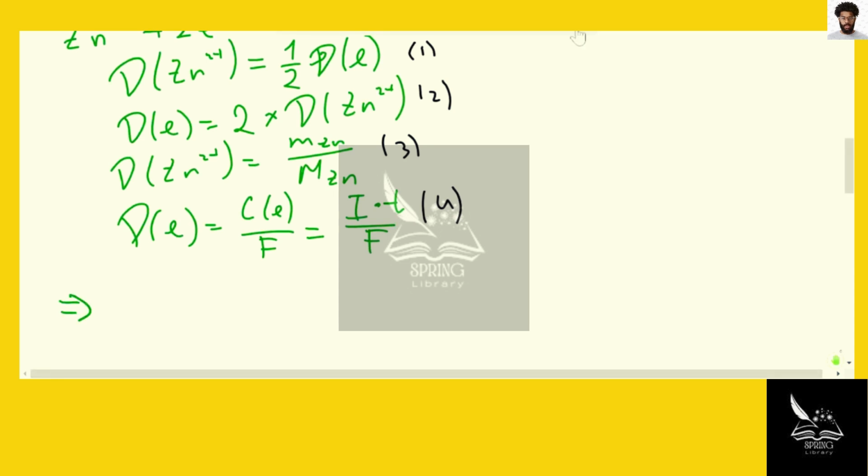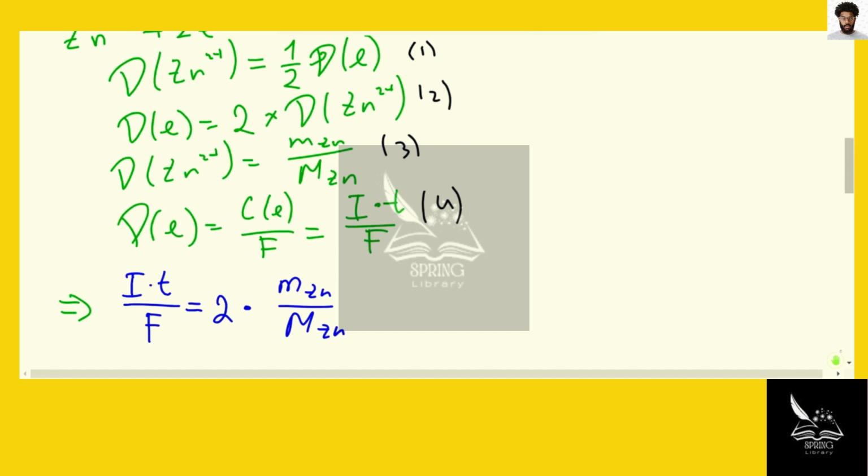When all these four equations are combined, current multiplied by time divided by the Faraday constant equals 2 multiplied by the mass of formed zinc divided by the molar mass of zinc.